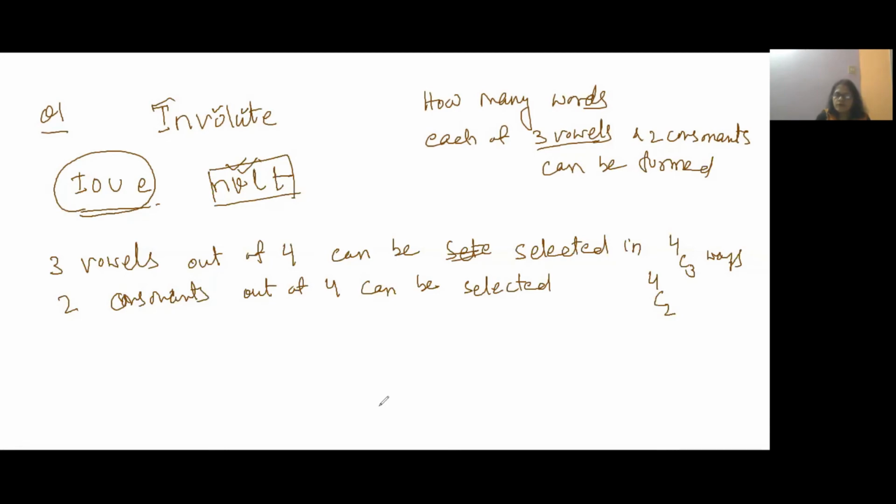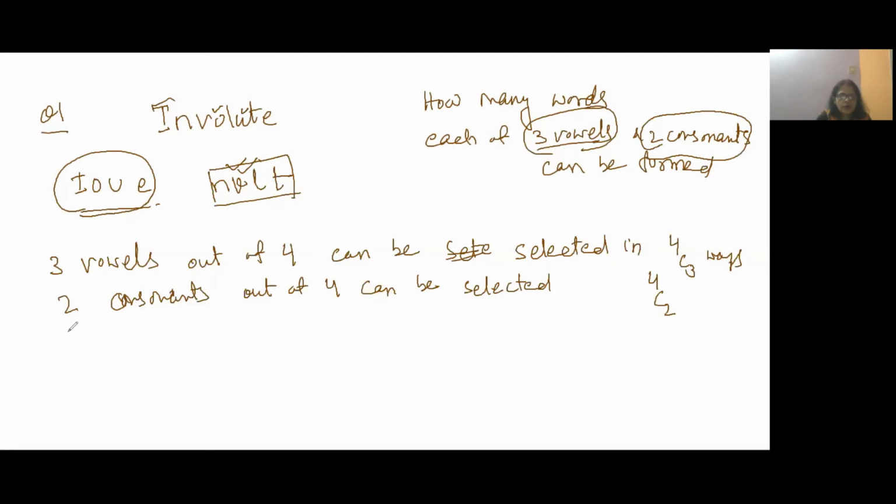But you have to form the words. So to form the words, you have to arrange. You have selected 3 vowels and 2 consonants. It means you have selected 5 alphabets. Unless you arrange them, you cannot form different words. So here you see, you have to use permutation, right?